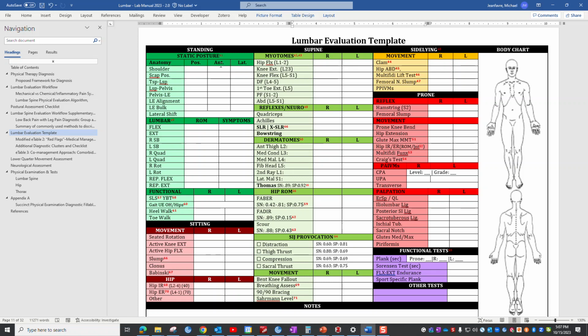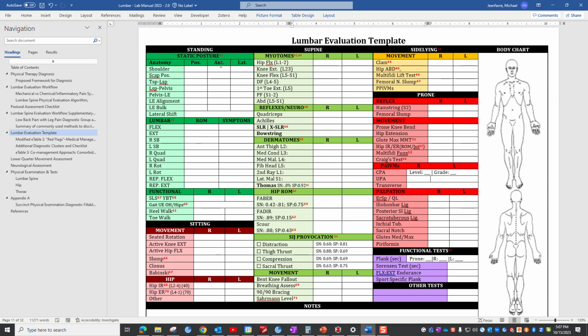And really what I've tried to do is that in each of the different structured educational settings that I've been in, I found that clinicians and or teachers or instructors have consistently presented a different lumbar or any body region for that matter evaluation sequence.